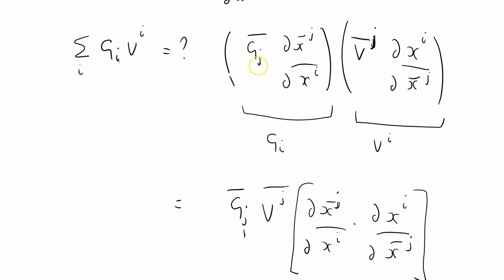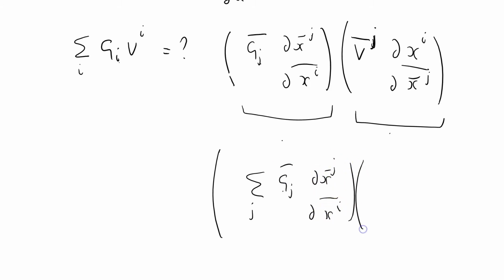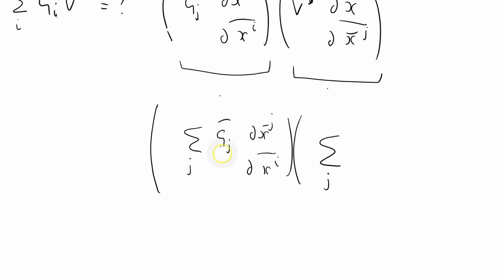And it's a different beast, because if I put the summation convention back in, let's just write out this thing again. It is, in brackets, sigma over J, some stuff with J's in it, ∂ x̄^J by ∂ x^i, times, now look what I wrote down, sigma over J, V̄^J, ∂ x^i by ∂ x̄^J.